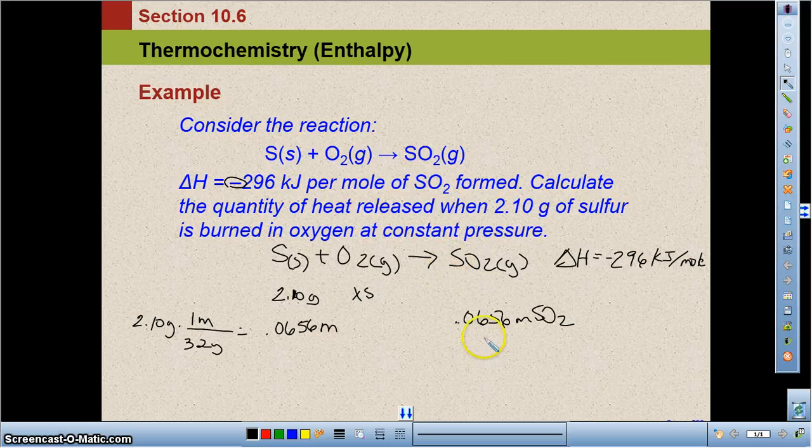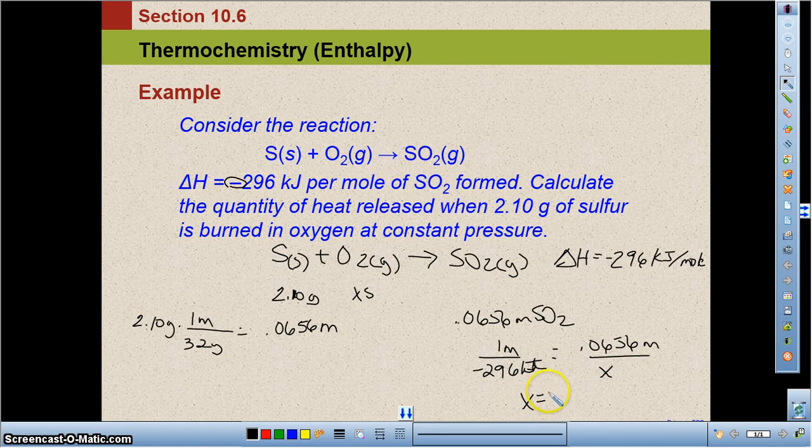And I can set up a ratio to figure this out. If 1 mole gives off 296 kilojoules, then 0.0656 moles gives off how many kilojoules? So we're going to cross multiply and solve for x.